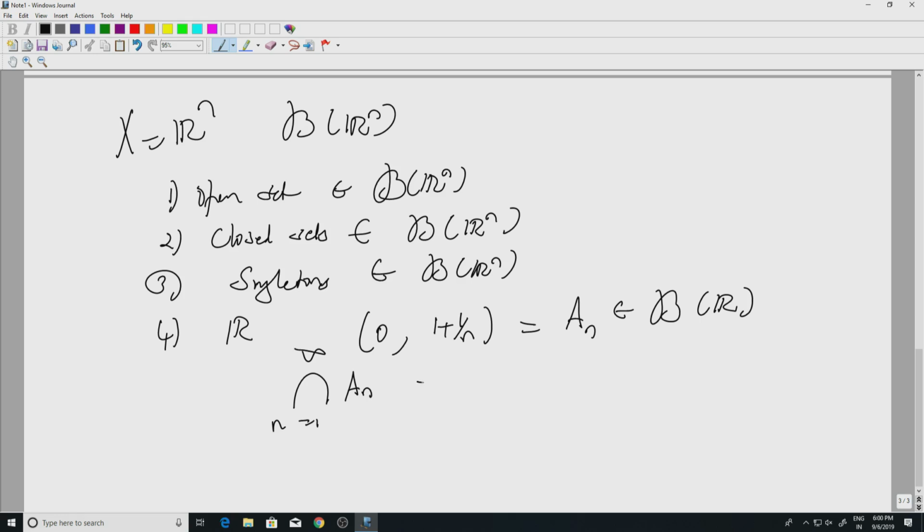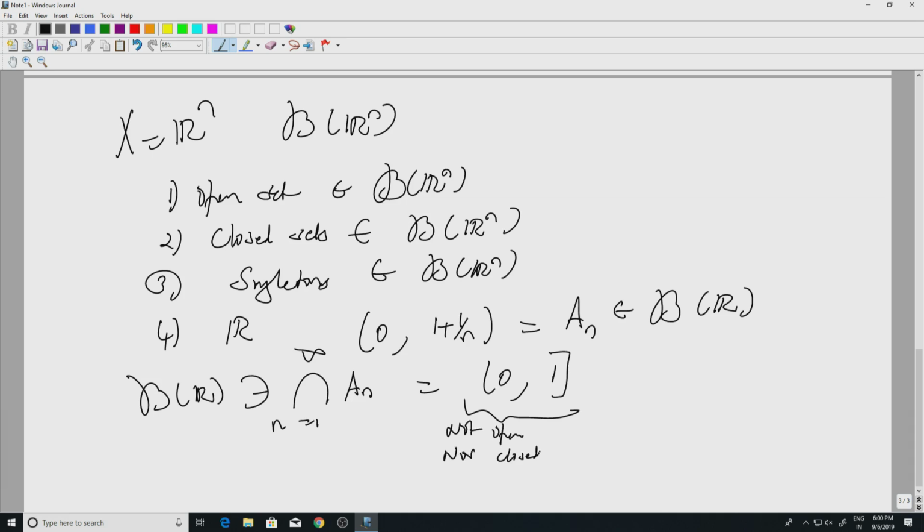Well, what is this? This is open at 0, and 1 is there in every set, so this is going to be closed at 1; you will not get anything more than that. Since the A_n are in B of R, the intersection of A_n will also be in B of R, the Borel sigma algebra of the real line. This is not open or closed, right.